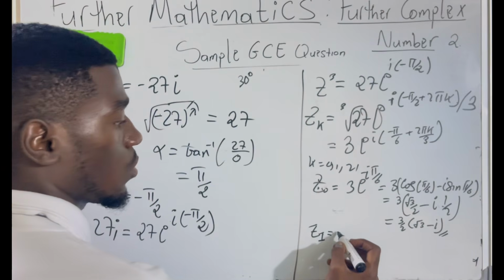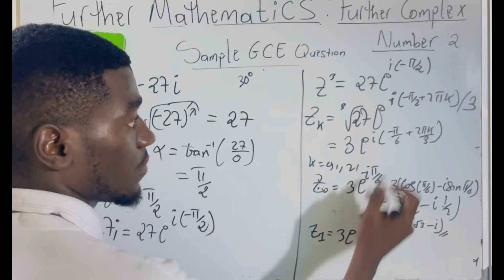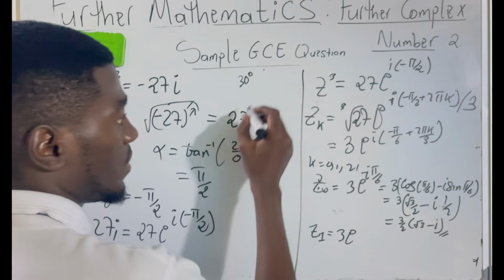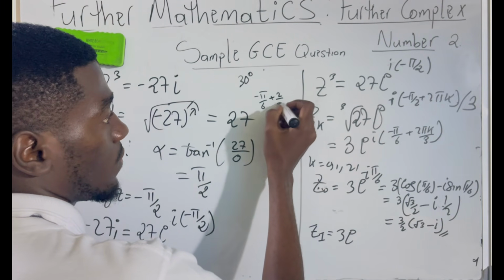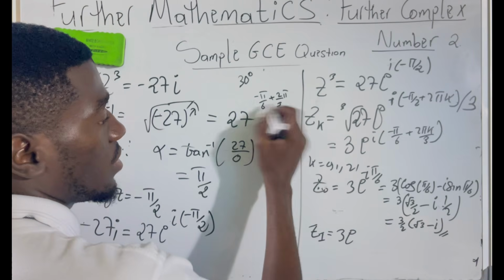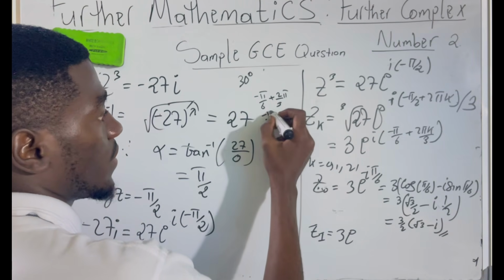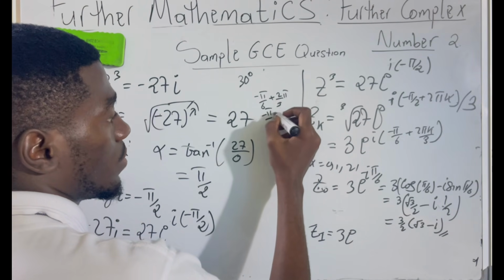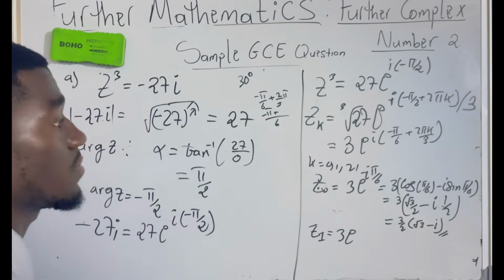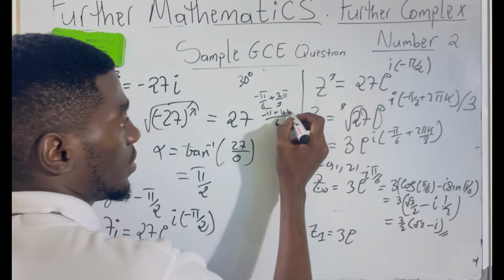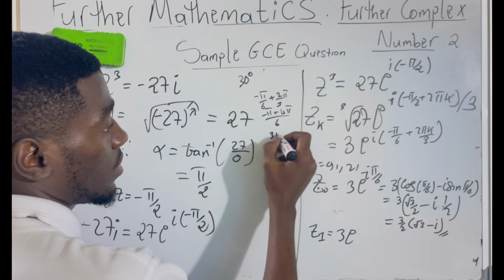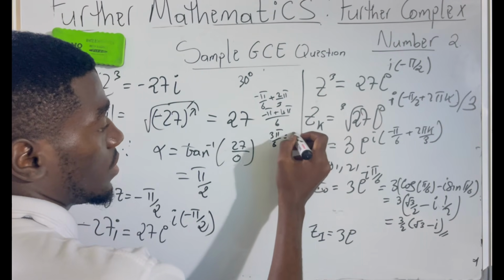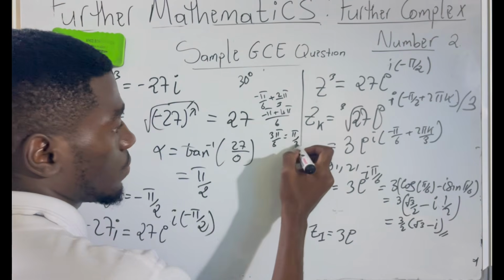z1 will be 3 exponential of i, when I have 1 here, it means I will have negative pi over 6 plus 2 over 3 pi. LCM 6. I have negative pi plus 4 pi, 4 minus 1 is 3 pi over 6, which is pi over 2.